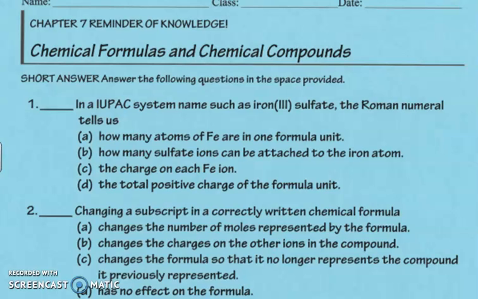So the IUPAC naming system is what we've always been doing all along in 9th grade, now 11th grade. And this system is the international way of naming things. And so it's talking about this iron 3 sulfate. If you remember right, that is telling us that the iron has got a +3 charge.